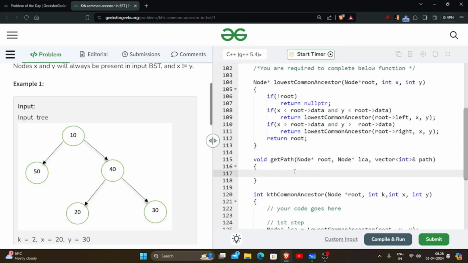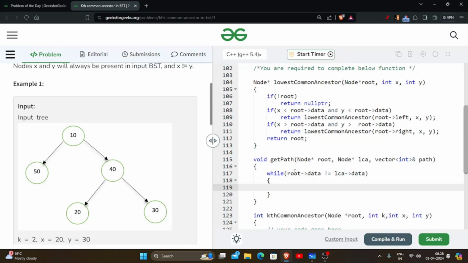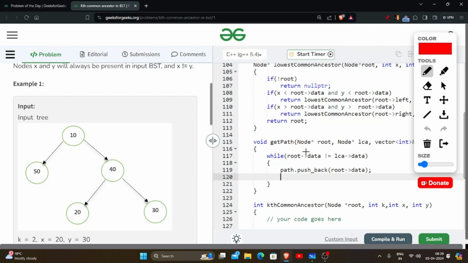So here we need to retrieve the path. Can I do it like this? While my root data is not equal to my LCA data. We know that the first node, the root, has to be part of the path.